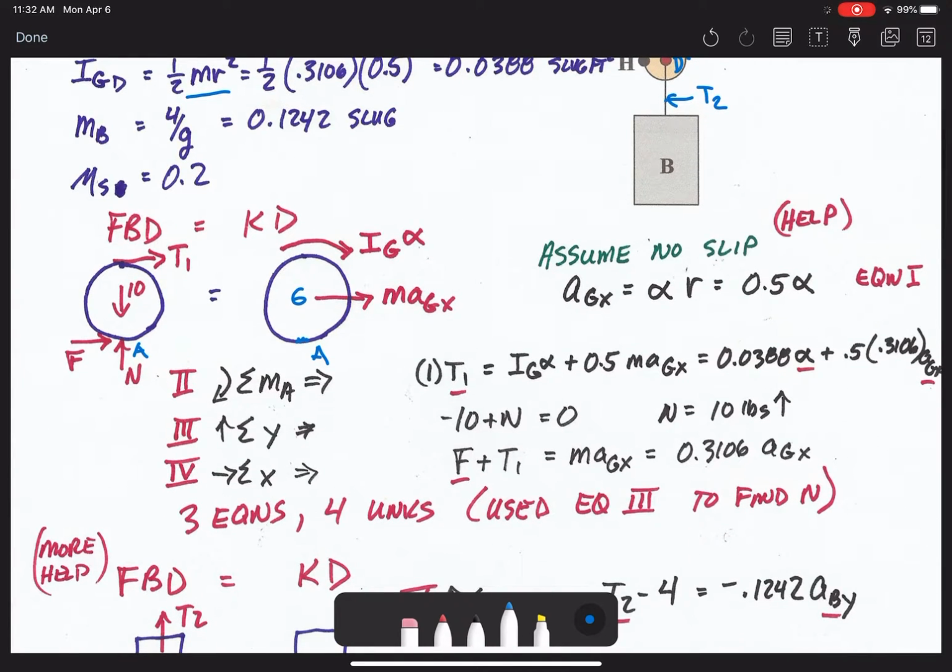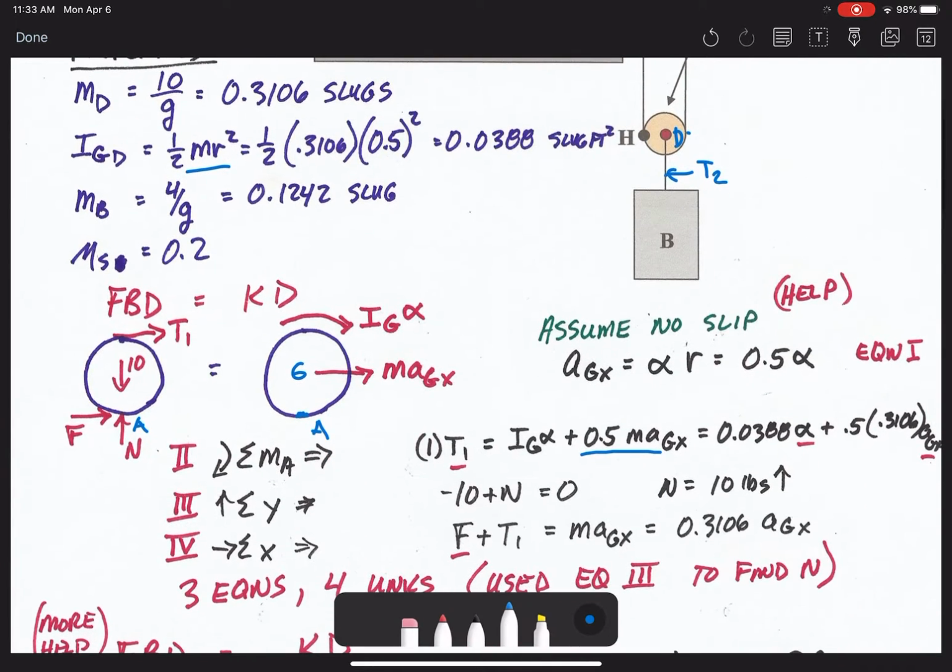From that we can have three equations: moment, and in this solution, we take moment about A, not about the center of mass. As you can see, the term on the kinetic diagram needs to be about A, so you have m a Gx times the radius of the disc, 0.5, so that's why you have 0.5 m a Gx in that equation.